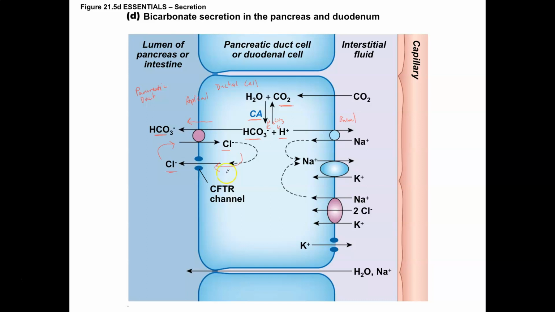The hydrogen ions are exiting the cell using an antiport with sodium. So here we have a sodium and hydrogen antiport where the hydrogen is going out and the sodium is coming into the cell. And then the hydrogen is moving its way into the cardiovascular system.